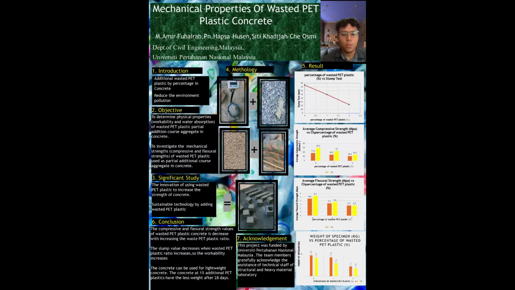For the methodology, for making the concrete, I use grade M20, which the ratio of the Portland cement, fine aggregate, coarse aggregate, and water content is 1, 1.5, and 3. The water content is 1.55. So we mix all of this in the mixture, and then we make 54 samples to test the fresh concrete and the hardened concrete.